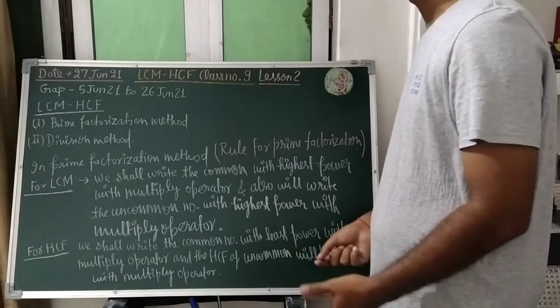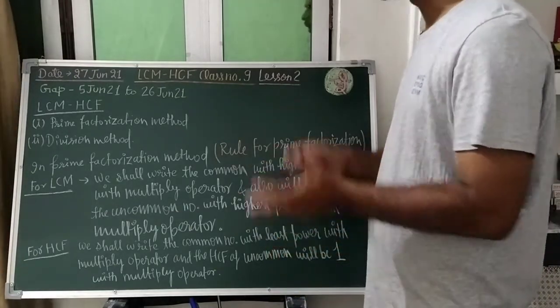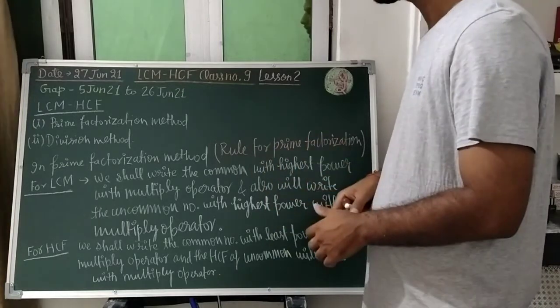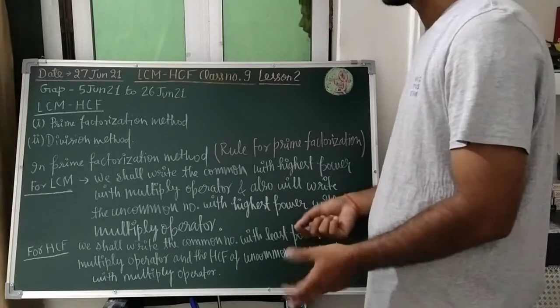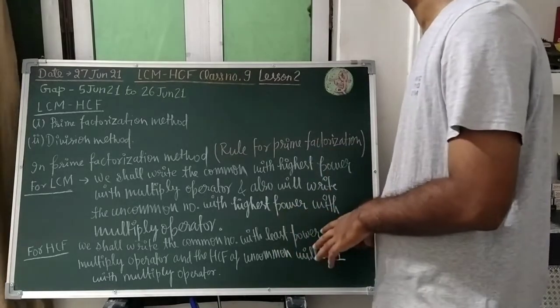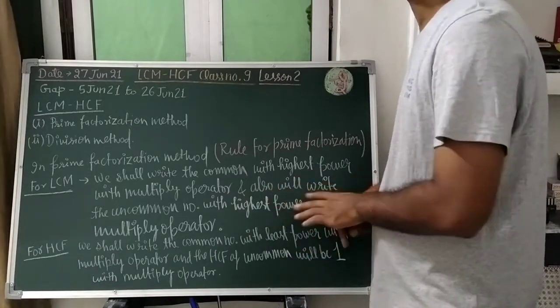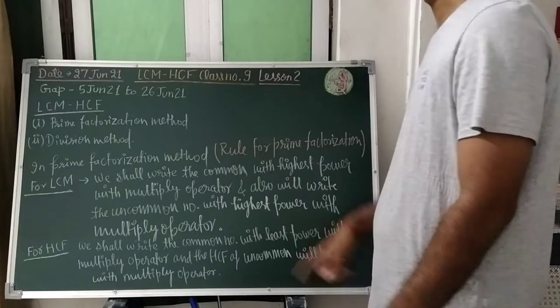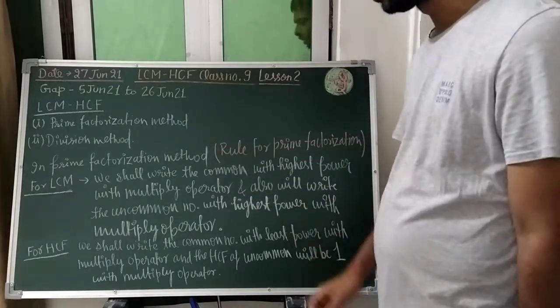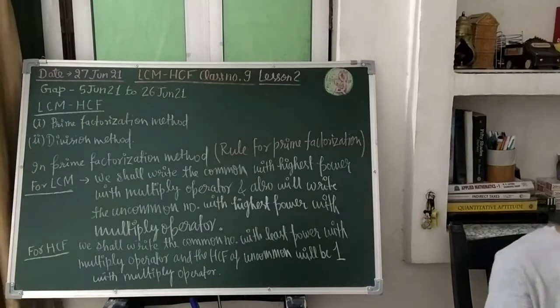And where you find common and uncommon numbers and want to find the LCM, you will apply the rule that the common number is written with highest power with multiply operator, as well as the uncommon numbers with highest power with multiply. So this rule we will follow in the case of the prime factorization method. Let's note down up to here, then after that we shall talk about the rest.